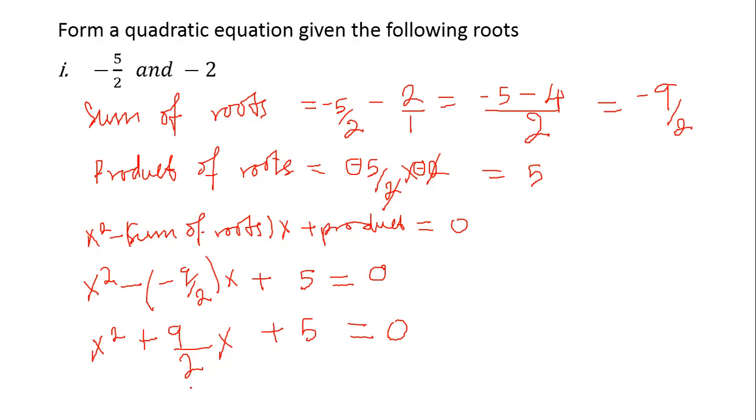That will give us 2x squared plus 9x plus 10, equal to 0. So that would be our quadratic equation whose roots are -5/2 and -2.